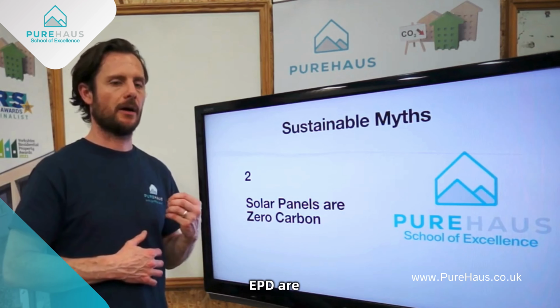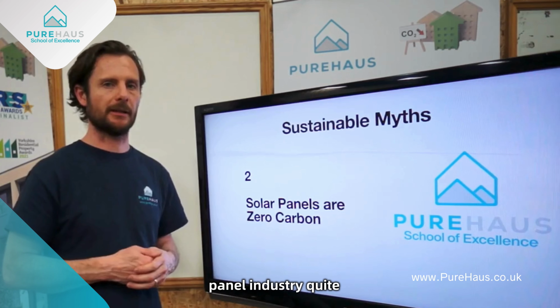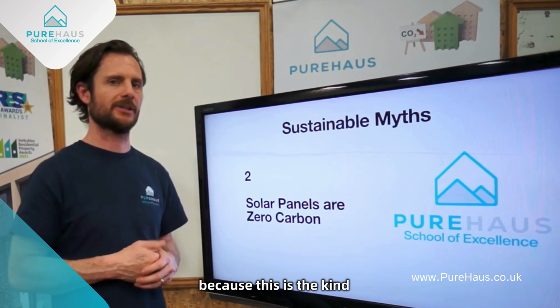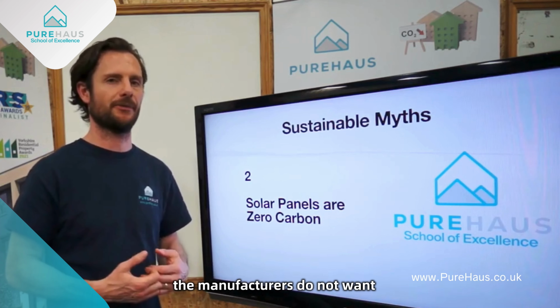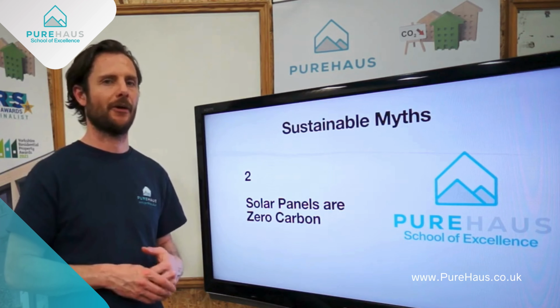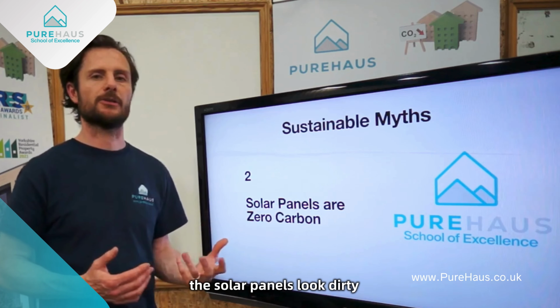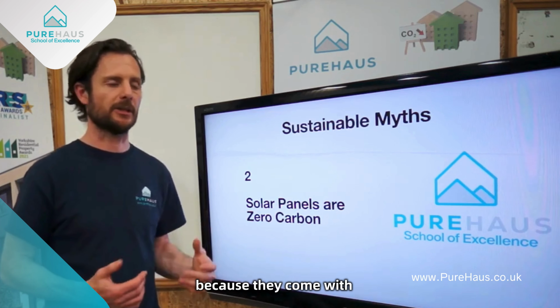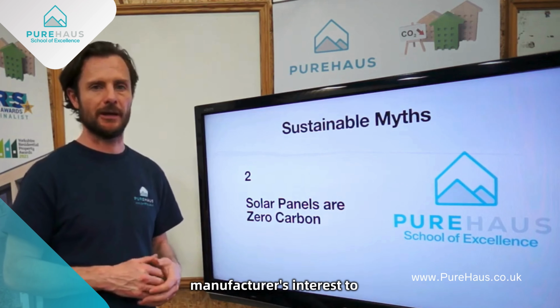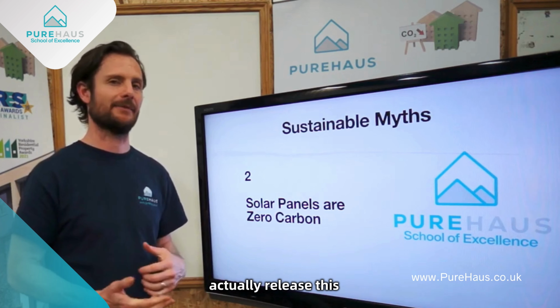EPDs are, especially in the solar panel industry, quite difficult to come by because this is the kind of information that actually the manufacturers do not want you to have your hands on, because it makes the solar panels look dirty because they come with this big footprint. So it's not in the manufacturer's interest to actually release this information.